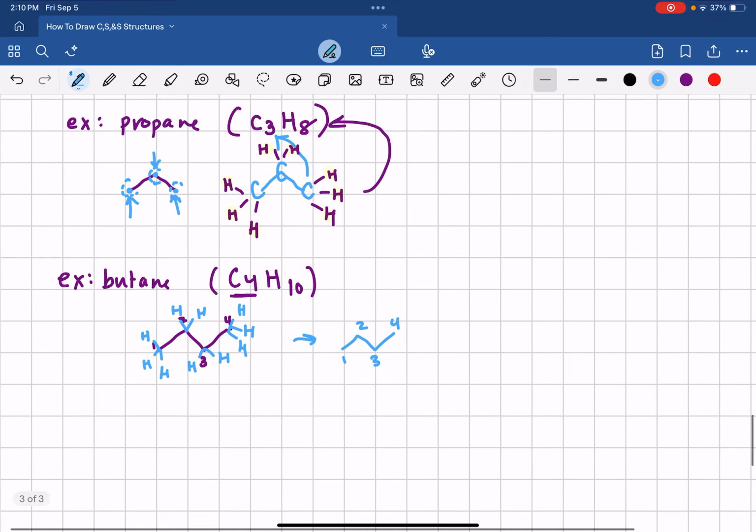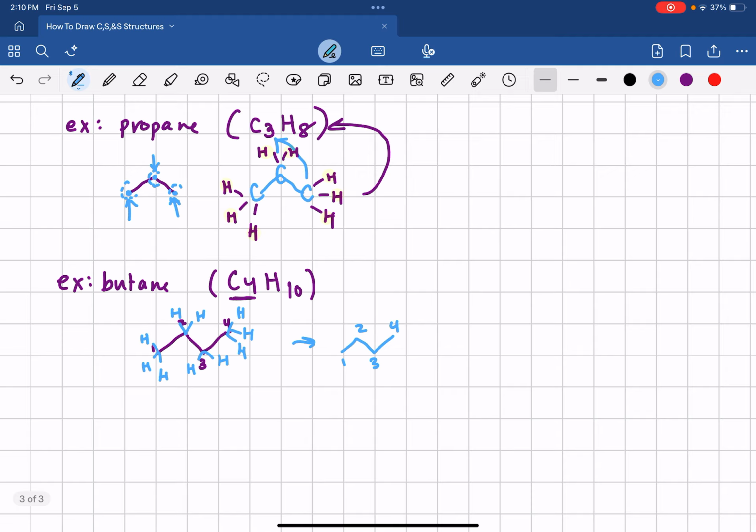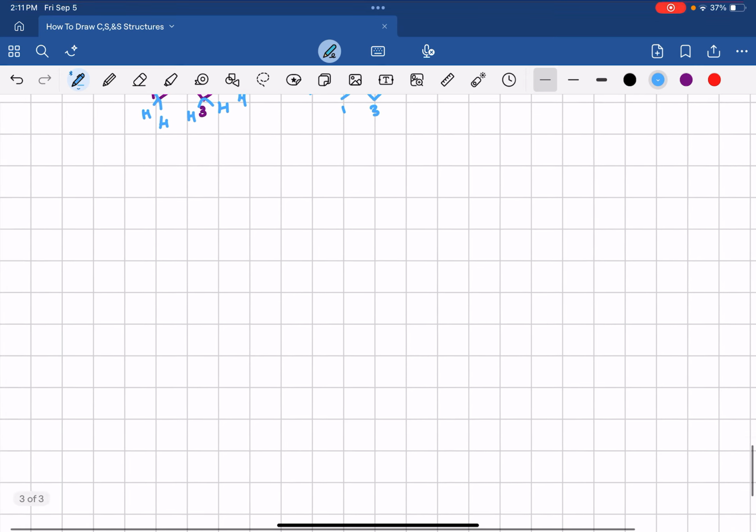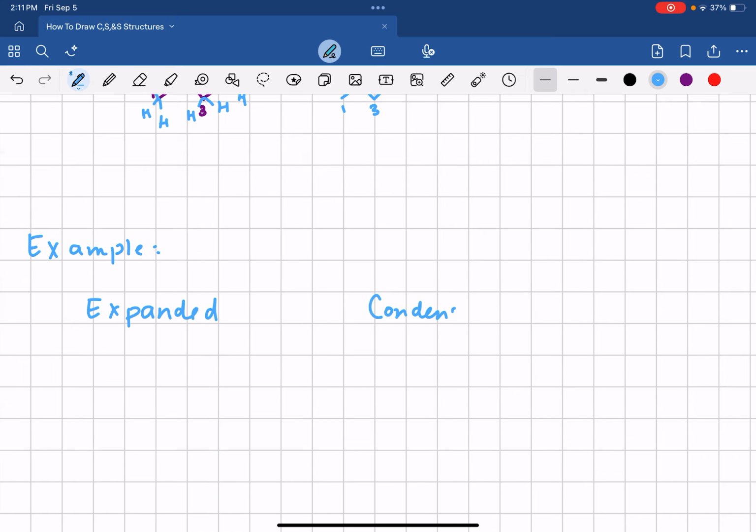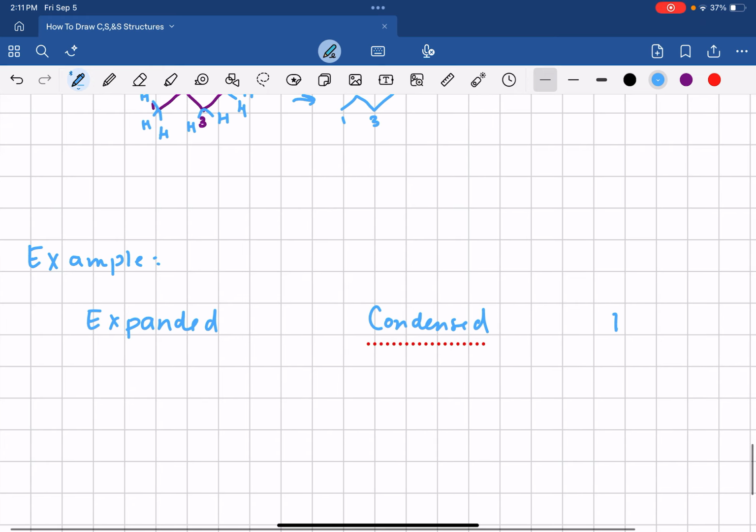Now let's do some examples together so we get a better understanding of how to make our expanded, condensed, and skeletal structures. Okay, let's do the first one. I'll put them into 3 categories: expanded, condensed, and skeletal.